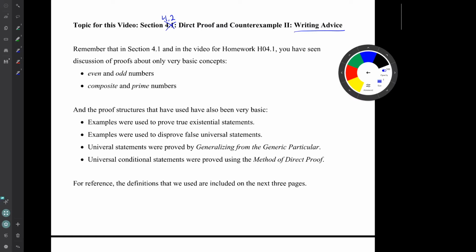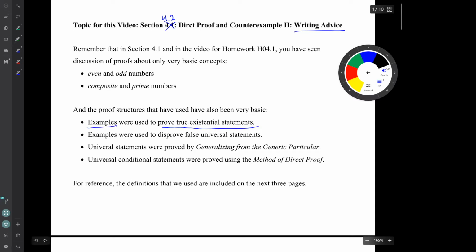Now remember that in section 4.1 and in the video for section 4.1, we discussed proofs about only very basic concepts, even and odd numbers, and composite numbers and prime numbers. And the proof structures that we used in section 4.1 were very basic as well. So we had proofs involving proving true existential statements.